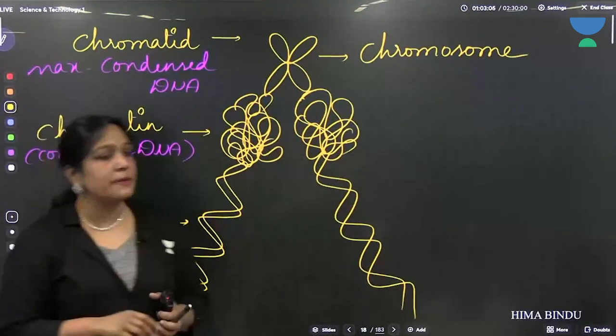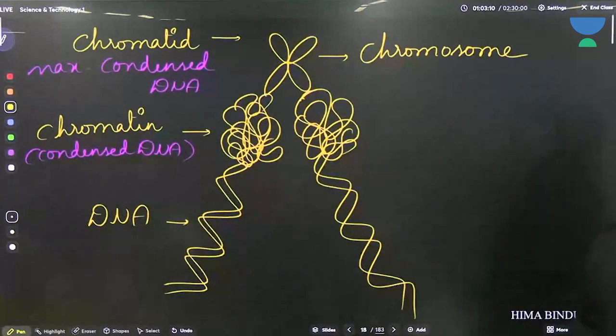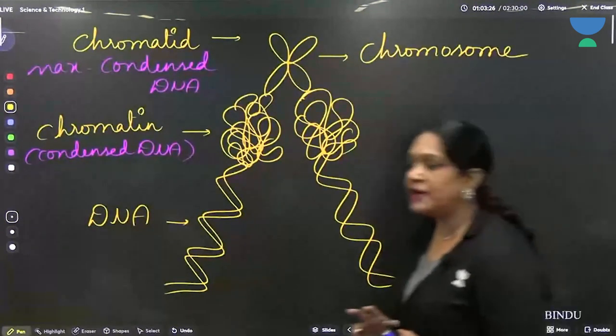Clear till now? 80S, S is a Swedberg unit, that is a unit of density. The Swedberg unit name you need not remember, 80S you can remember. What is S there? It is Swedberg unit, a unit for density.